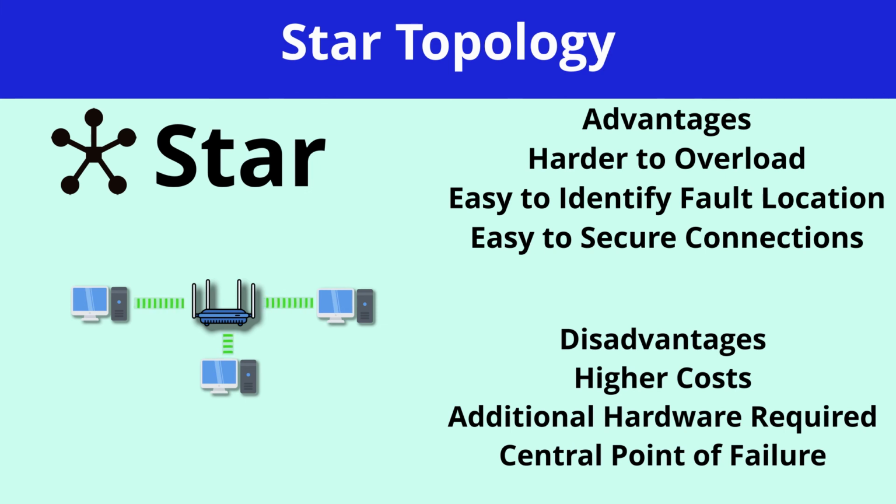A second disadvantage is that it often requires an expensive piece of hardware in the central switch. So we need a piece of hardware that's capable of marshalling the signals around the network. And the third disadvantage is that we now have a central point of failure in the switch. So if the switch fails, then the whole network will fail.